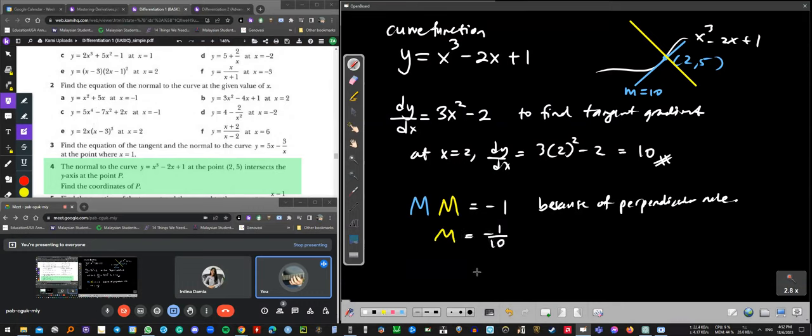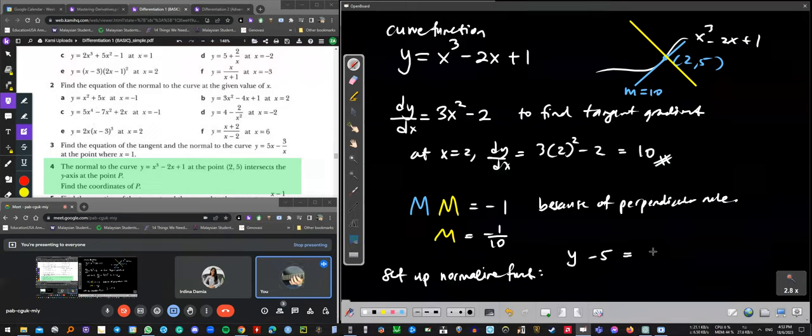So then I set up normal line punya function. Normal line function y minus 5 equals to negative 1 over 10 times by x minus 2. So I simplify, make it into gradient form: negative x over 10 plus 1 over 5 plus 5.